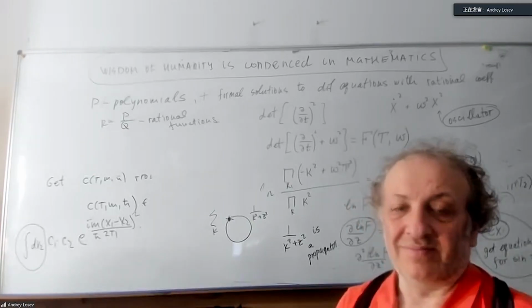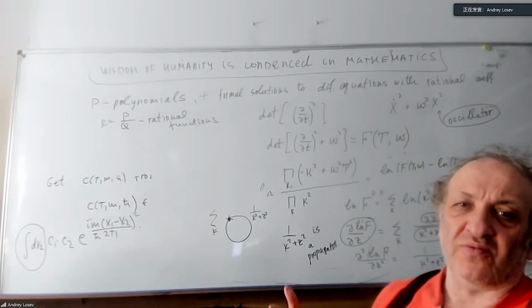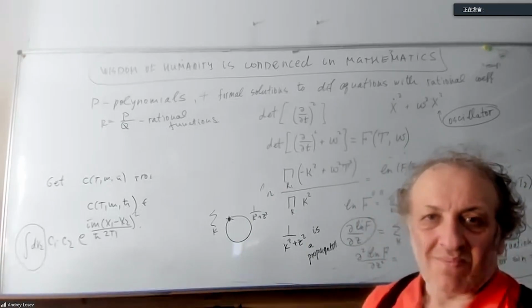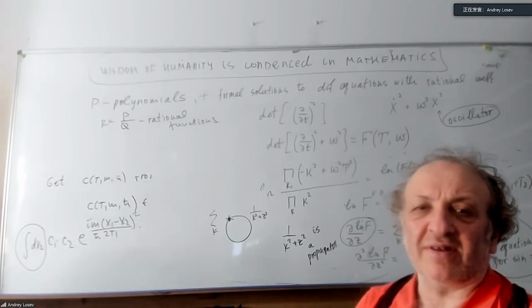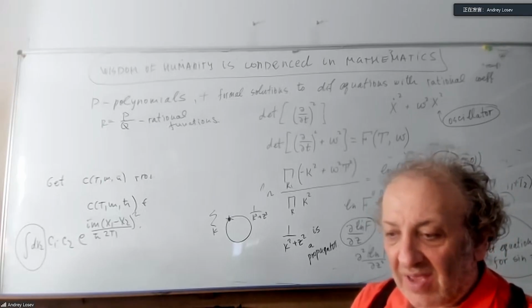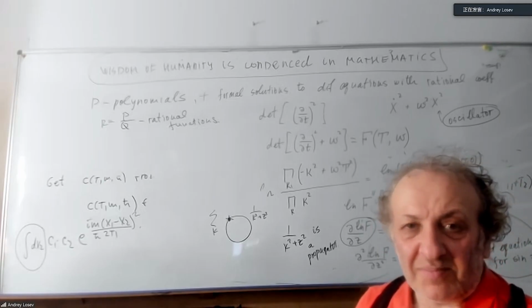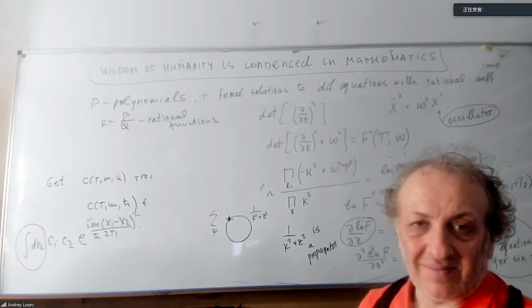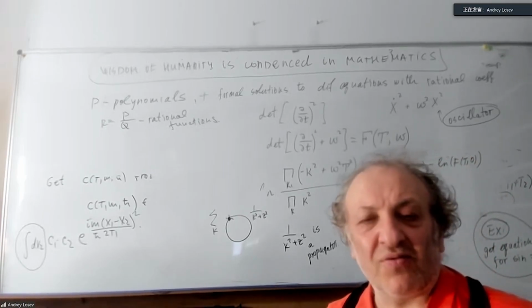And moreover, this is a story that you will have in any quantum field theory. You are drawing some Feynman diagram, it is divergent. However, if you differentiate several times, it becomes convergent. So, instead of a function, you get a system of differential equations.